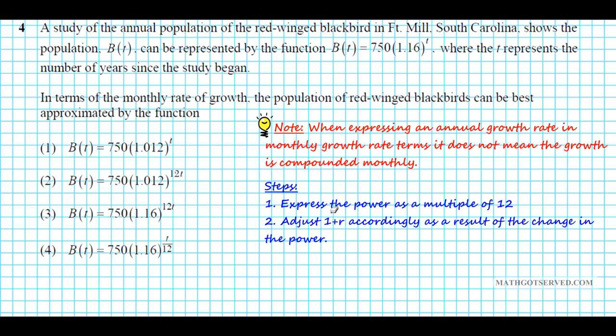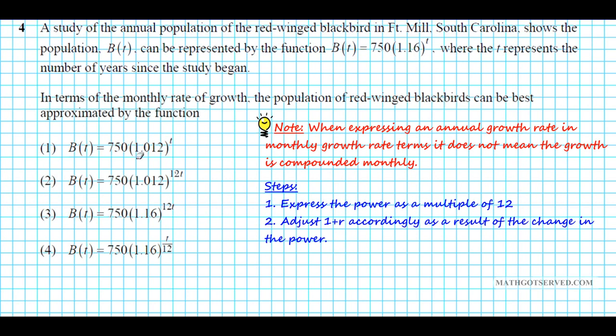Okay? All right, so what are we going to do here? We're going to express the power as a multiple of 12. That is the ultimate goal using the appropriate algebraic processes, and then we're going to adjust the 1 plus r in the parentheses, 1 plus the growth rate, accordingly.